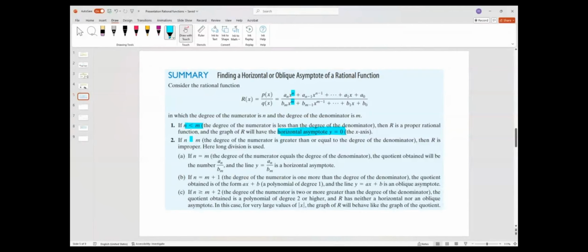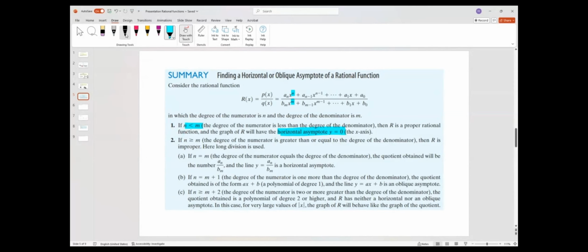When the degree of the numerator is greater than or equal to m, then you will have, in this case, oblique or horizontal asymptote. But as I said, I am not going to pay attention to oblique asymptote now.